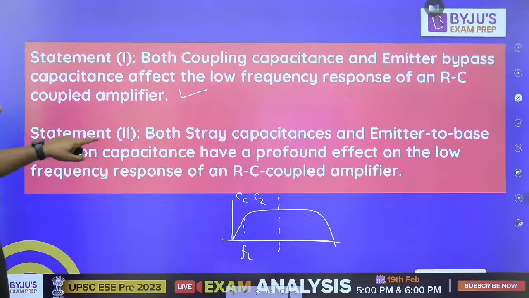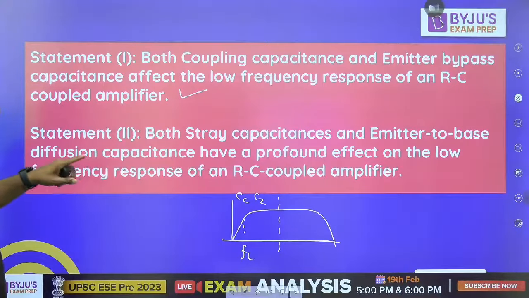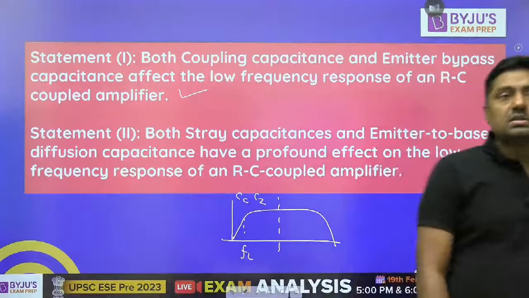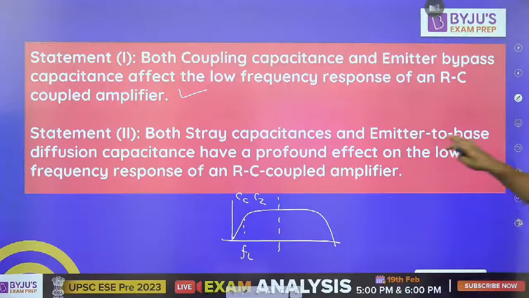Both the stray capacitance and emitter to base diffusion capacitance have a profound effect on the low frequency response of an RC coupled amplifier. Tell me, is it the case? This is talking about emitter to base diffusion, that is a junction capacitance or stray capacitance. That will affect the high frequency response, not the low frequency response. Means this is wrong.